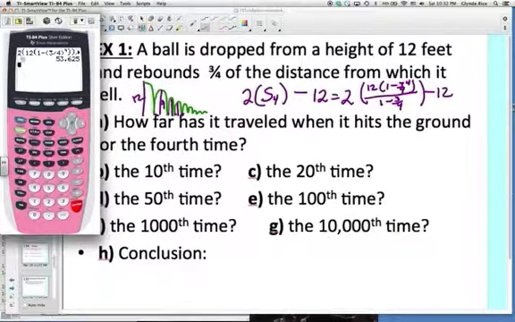53.625. I want to go back and just check my formula because it's easy to make a mistake.